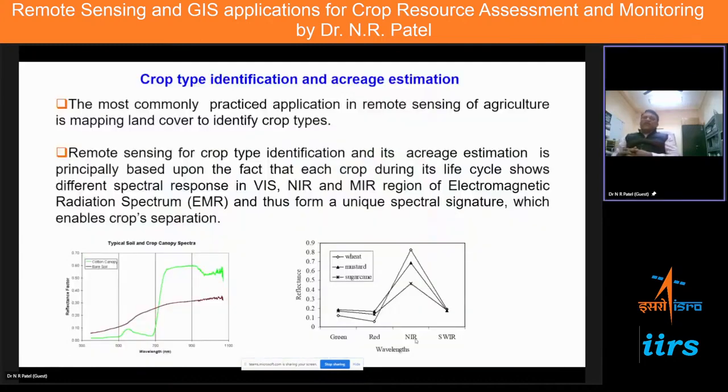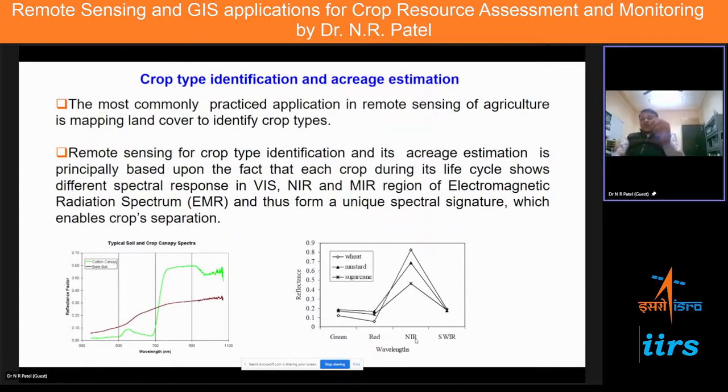So let us understand how we can use all this satellite data available with us for crop type mapping. The basic fundamental thing is the interaction of electromagnetic radiation with the object. Here in our case, the object is the different kinds of crop types.